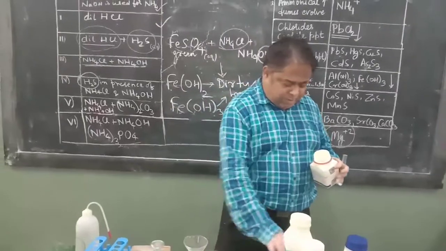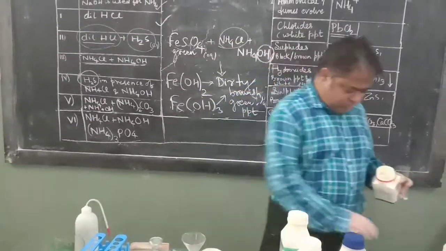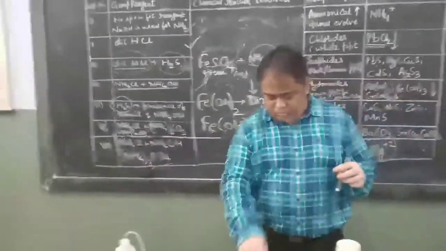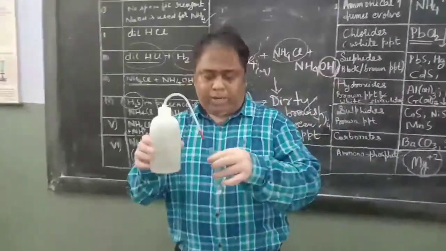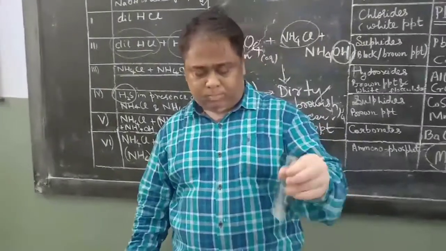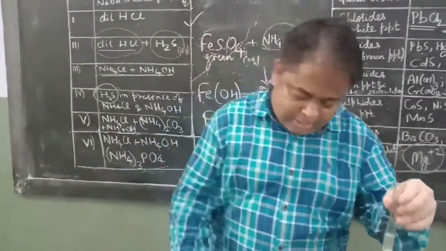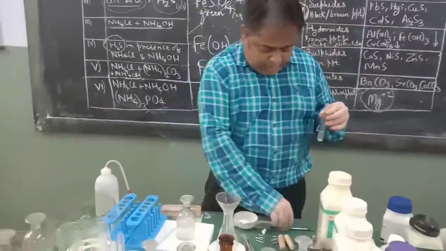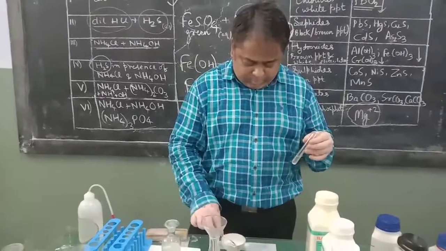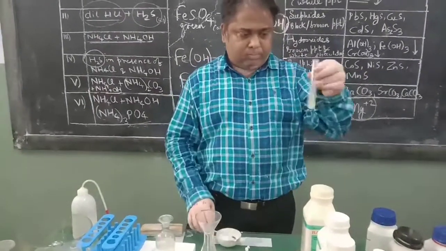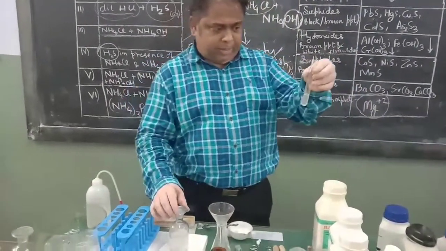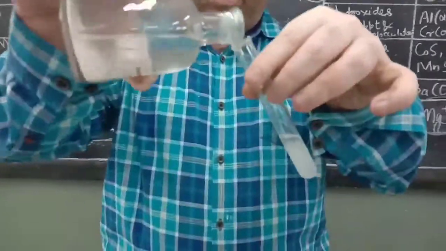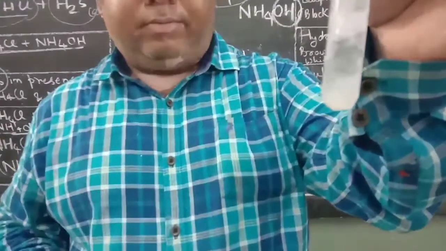I have taken aluminum sulfate, water, then the same standard procedure of adding a pinch of ammonium chloride, and then ammonium hydroxide. You can see the flocculate formed.